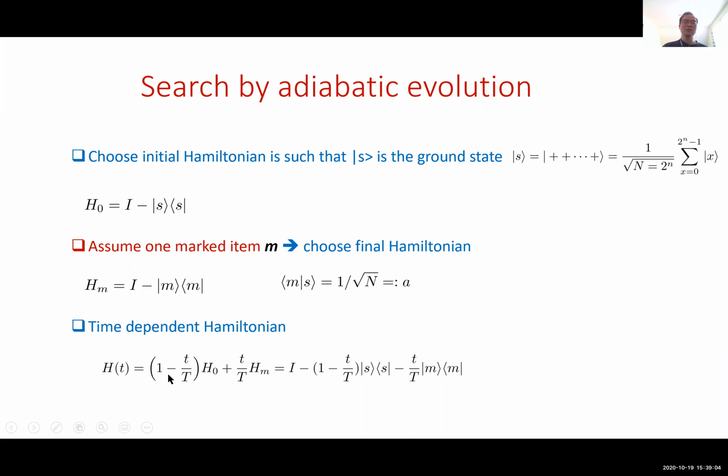There's identity here, but what's important is the interpolation from S to M. And these are in the two-dimensional space. So remember in the one before, this is M orthogonal, and this is M, and we have S here. The Grover rotation is rotating this, okay?